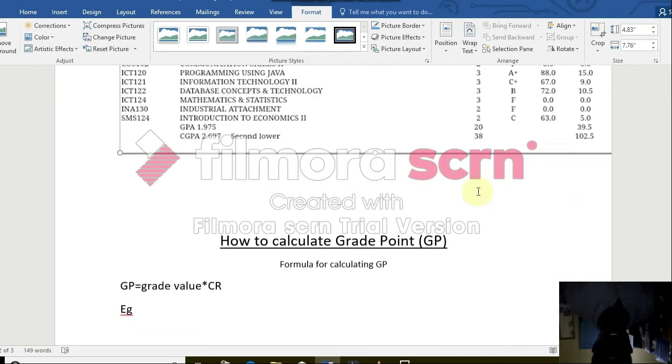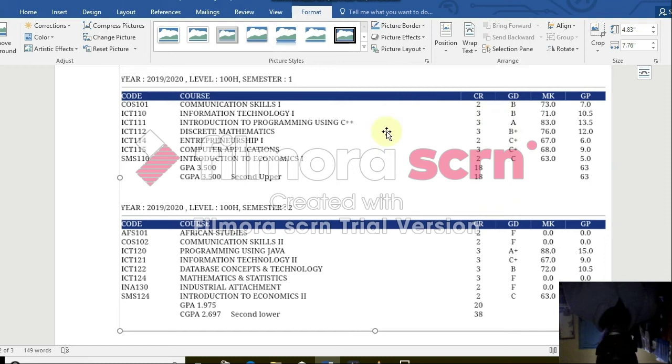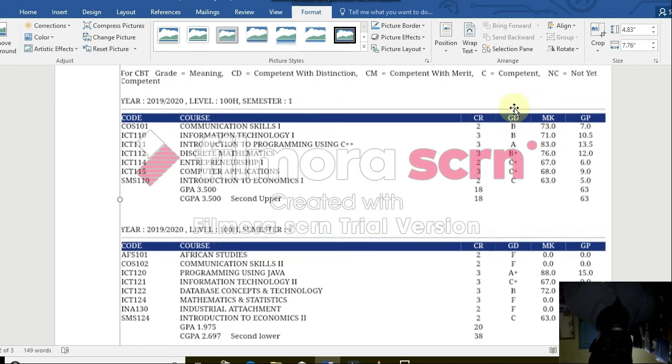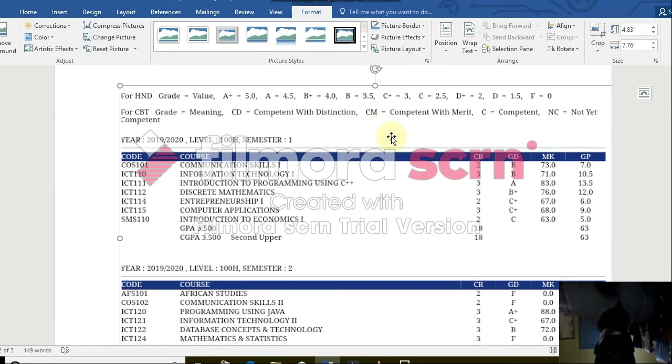What do we mean by grade value? Looking at Communication Skills 1, you can see that the grade for the marks 73 is B. B has a grade value. The grade value of B is 3.5.